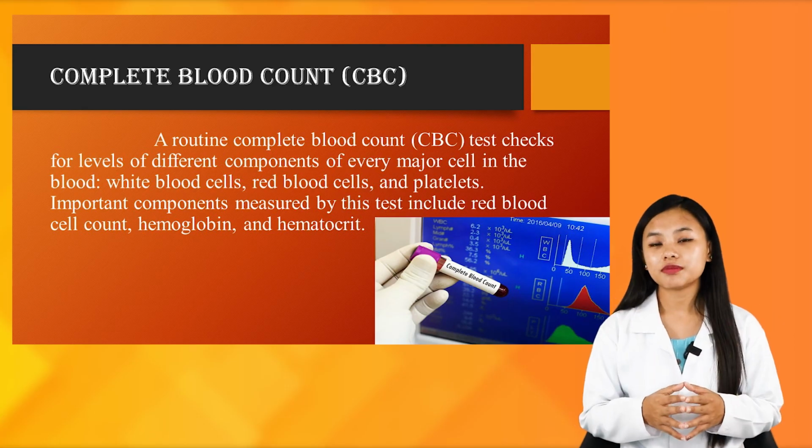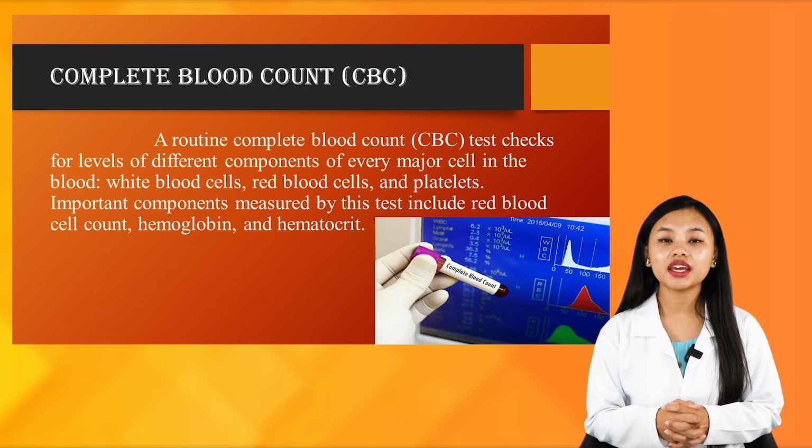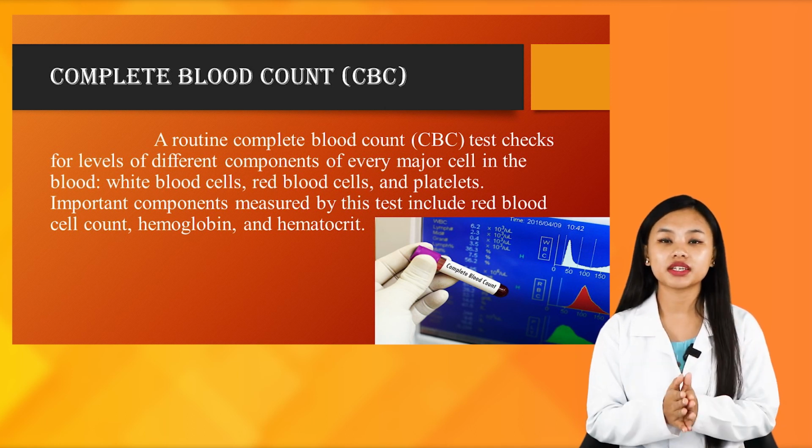Here there are various investigations that can be performed, but in this session we will be dealing first with the blood test. Under the blood test, the first which we will be discussing is the complete blood count.